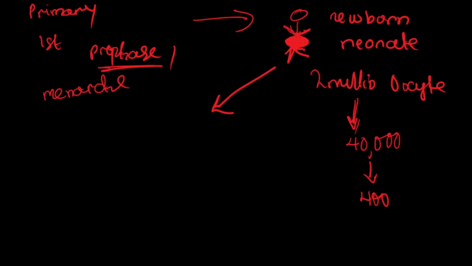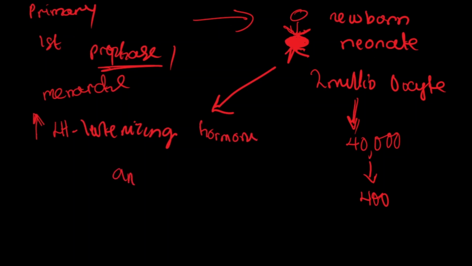Now, in the pre-ovulatory phase, when there is an increase in the luteinizing hormone, the luteinizing hormone is a hormone secreted by the anterior pituitary gland.